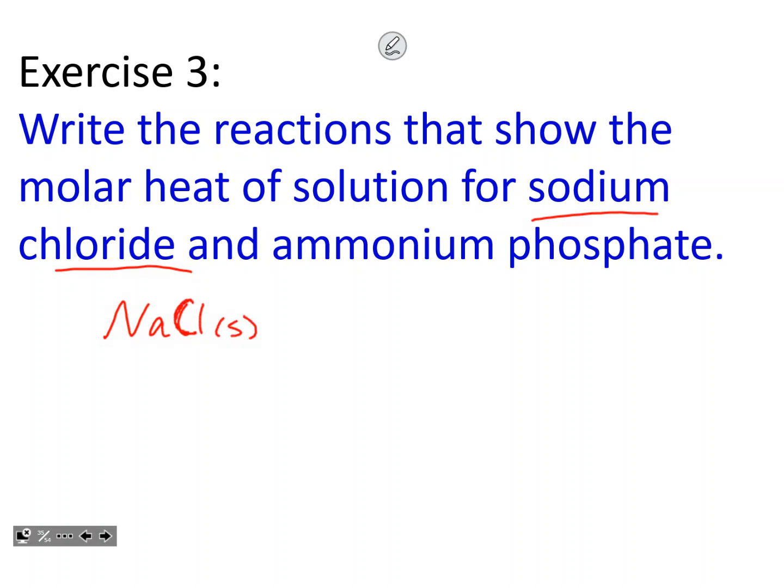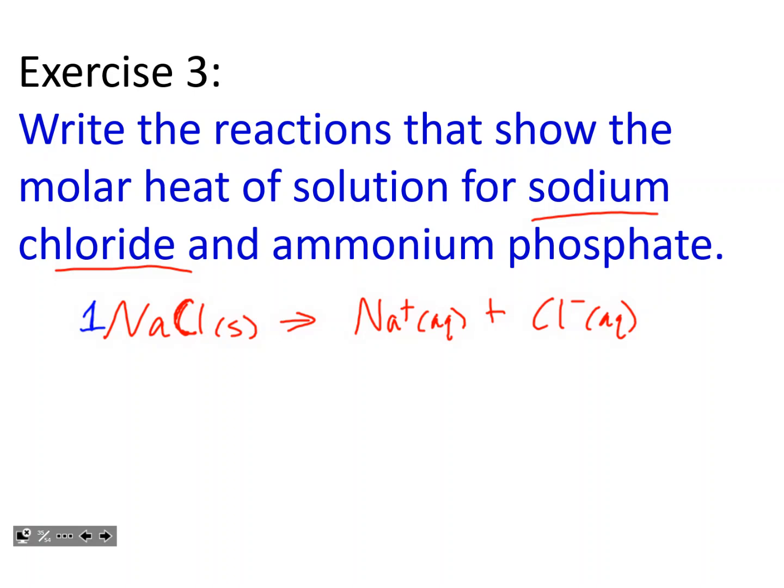It's now going to dissolve in water. We're going to get Na+ (aq) plus Cl- (aq). Sodium chloride's easy because the ions are 1-to-1 with the formula unit. This is based on the idea that this part is the 1 mole, and the formula units always start out as 1 mole if they're dissolving, okay?